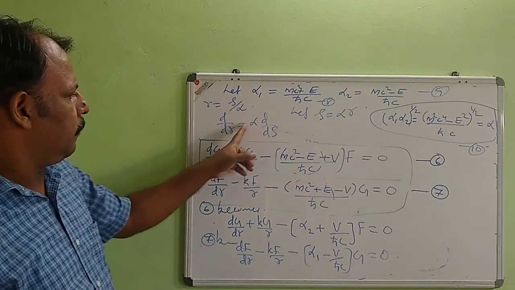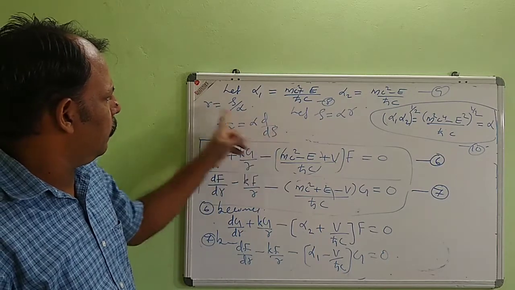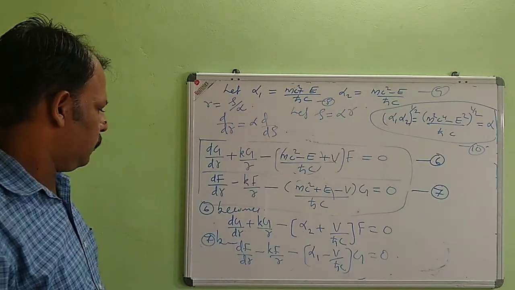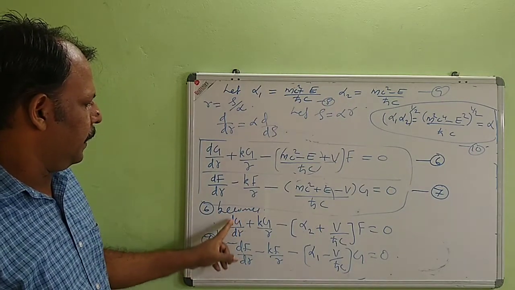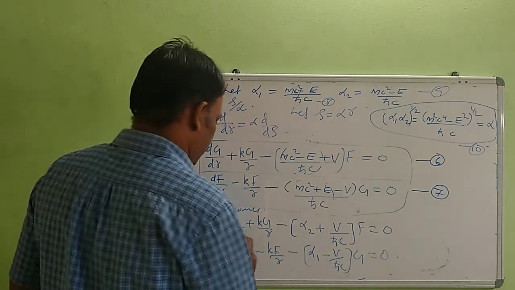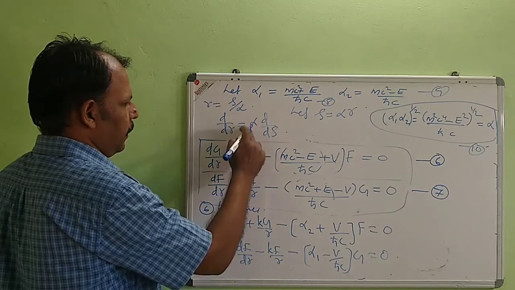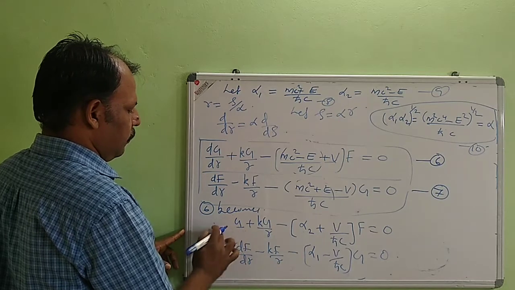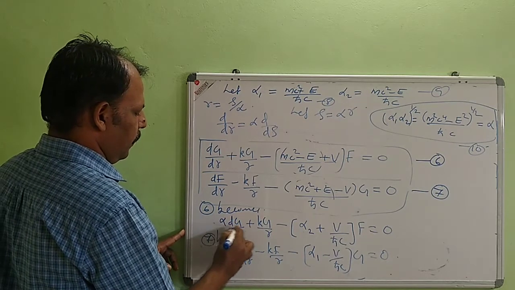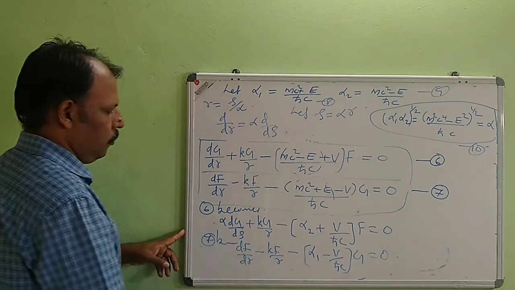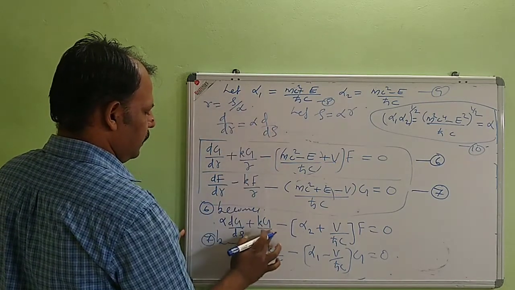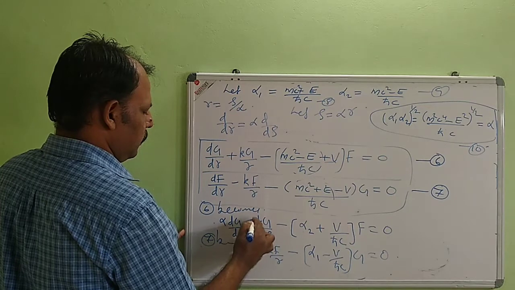So in this equation, d by dr we can write as alpha into d by d rho. Kg by r, with r equal to rho by alpha, becomes kg by rho, here it is alpha.